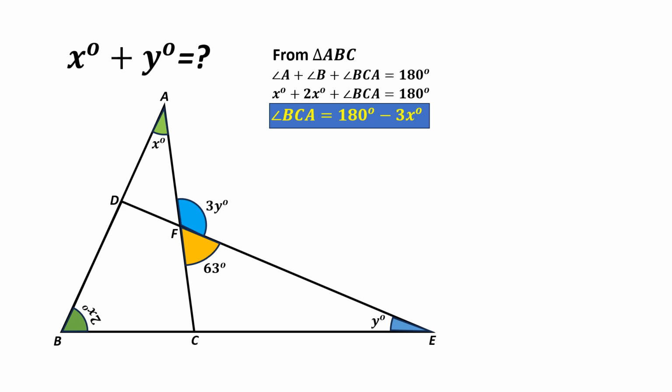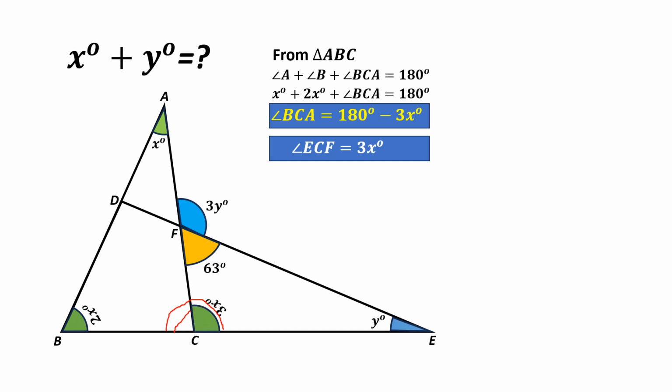Now since this angle is 180 minus 3x, and this line segment ECB, and this whole angle is 180 degree, so from here we can see that angle ECF is equal to 3x degree.